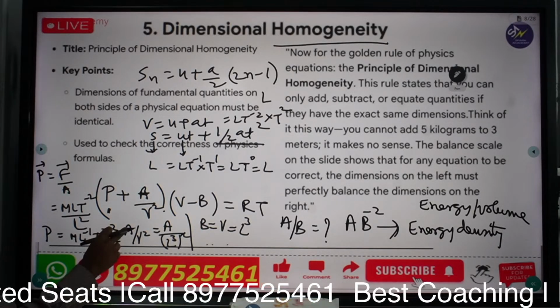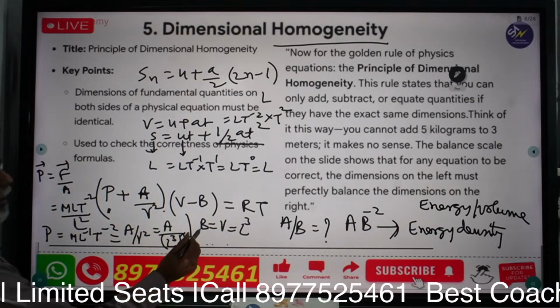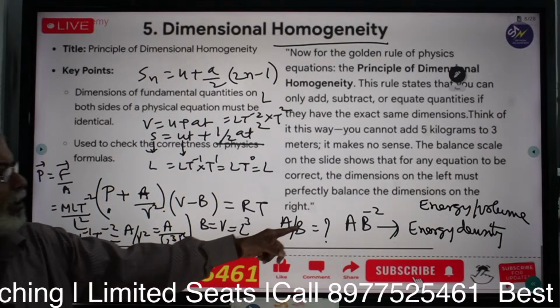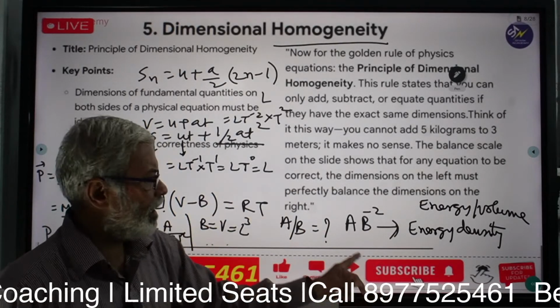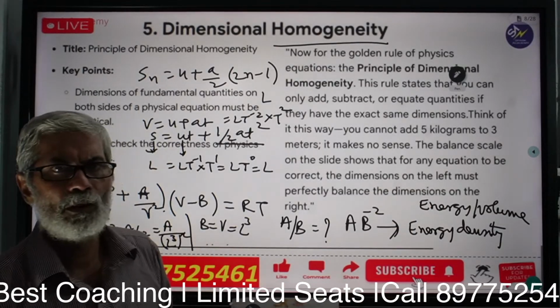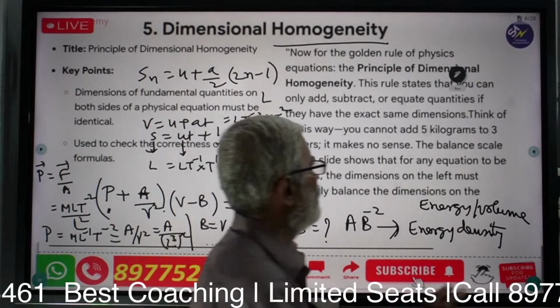So you know the dimension for A, you know the dimension of B, you can substitute and find out. In competitive exams they ask, this is equal to energy density, that is energy per unit volume. Energy, work dimension you know, divided by volume, you will get the answer.